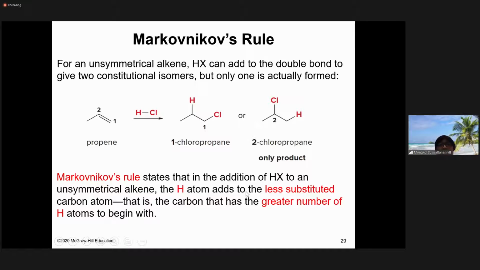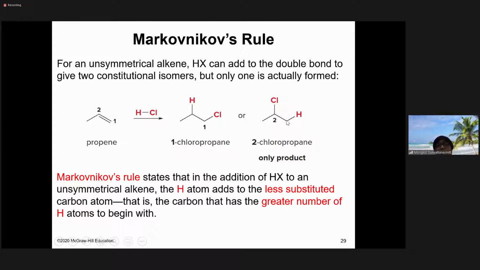So his simple rule is that when you add the hydrogen halide onto an unsymmetrical alkene, the hydrogen atom will go onto the carbon that already has the greater number of hydrogens.